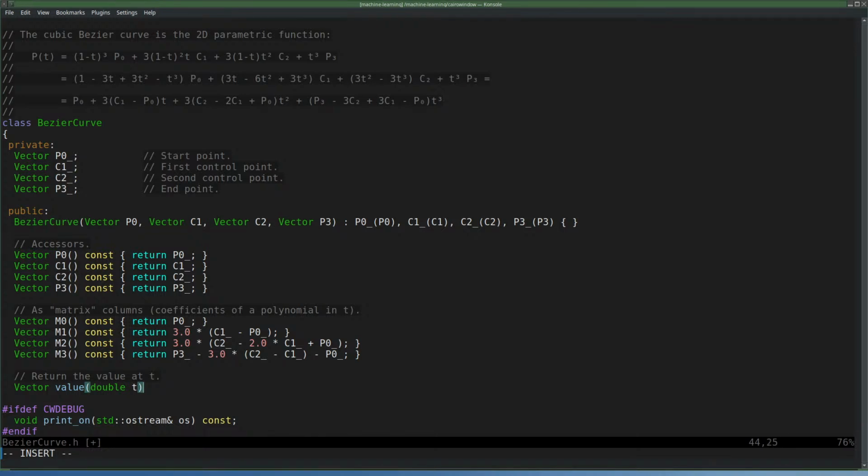What is a better word? A better word than value? I'm using P here. Maybe I should use that.